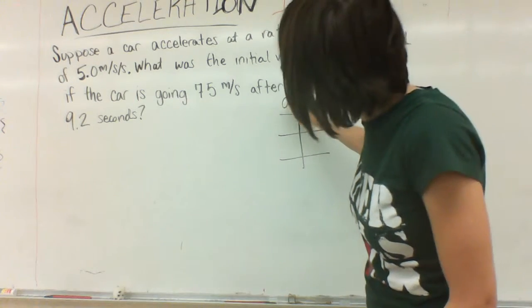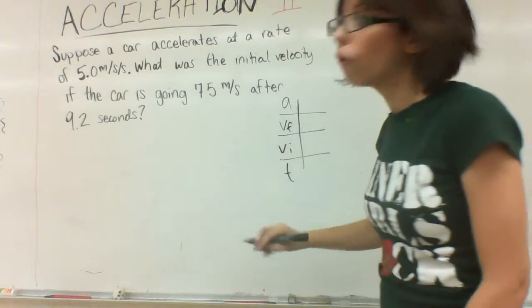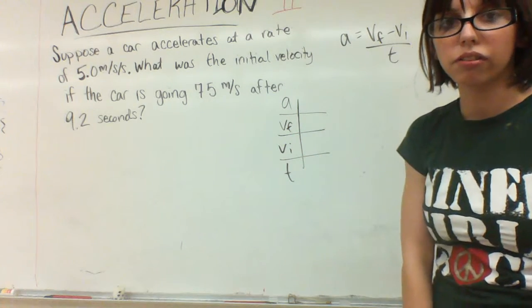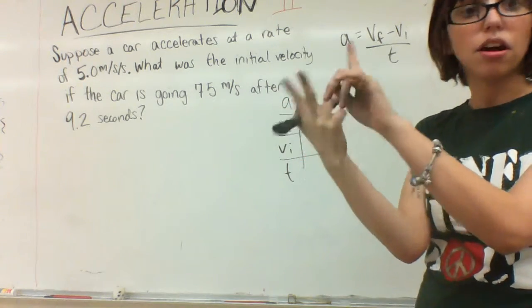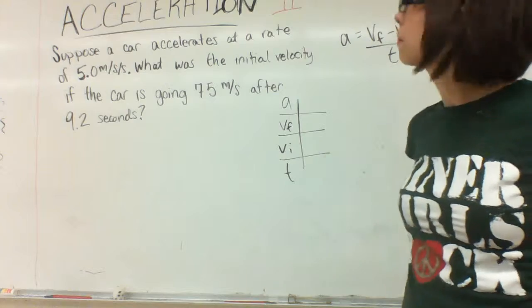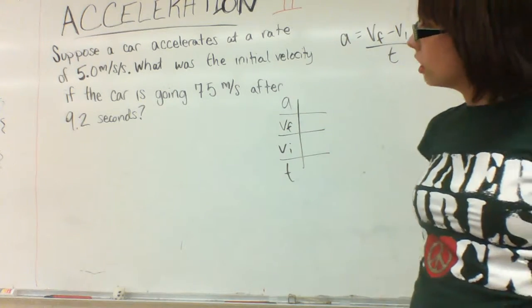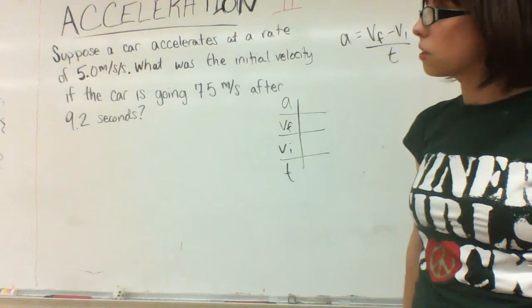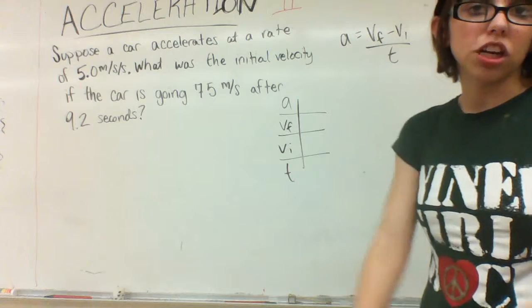So let's go ahead and do that. You have four variables with an acceleration formula: acceleration, velocity final, velocity initial, and time. So let's read through this and see what we got. A car accelerates at a rate of 5.0 meters per second per second. Remember, acceleration is the rate at which you change velocity.